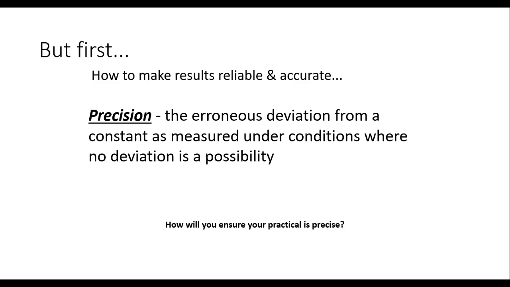So precision is the erroneous deviation from a constant as measured under conditions where no deviation is a possibility. Basically, precision is when all of our results are similar. Doesn't mean necessarily that they're to the true value, but they are all very precise to each other.